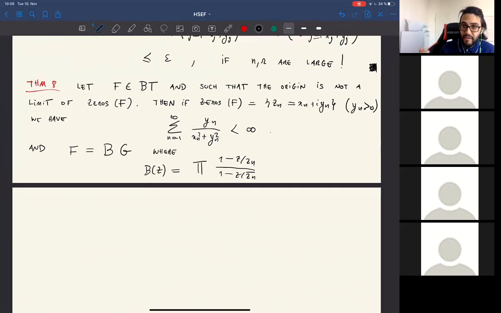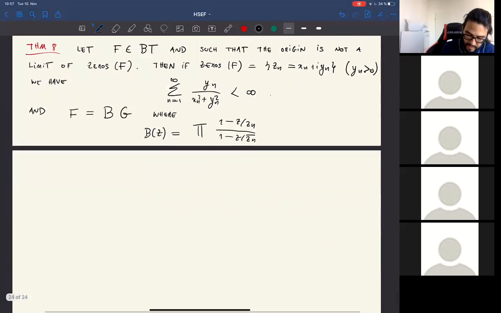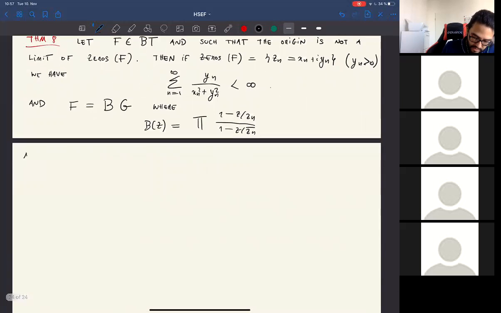We know that the Blaschke product is bounded by one in the upper half plane, so therefore definitely is a function of bounded type, where this is a Blaschke product and g is of bounded type as well, and no zeros. Okay, so that's the theorem.